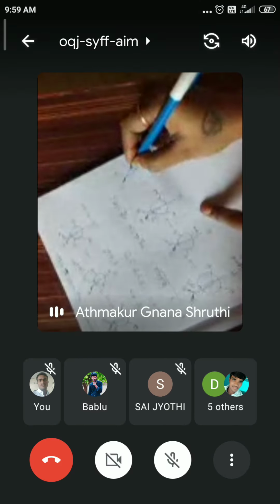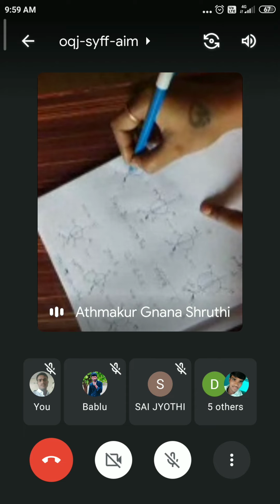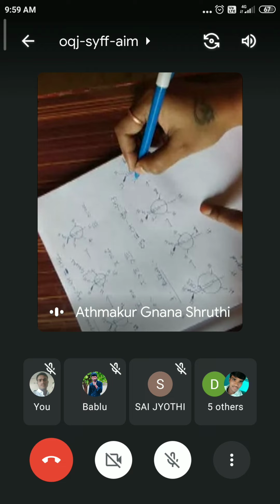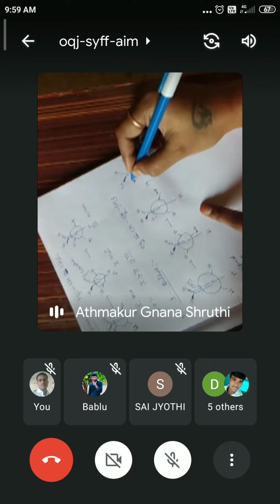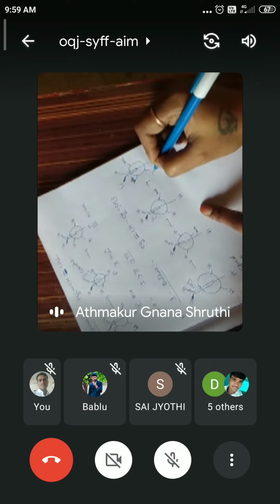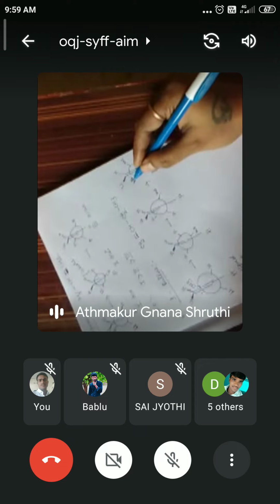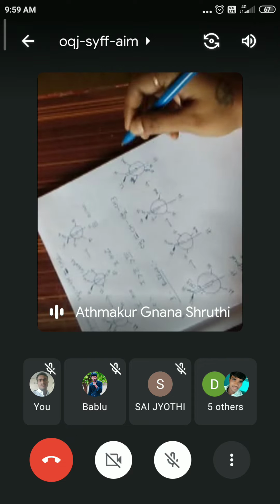Hydrogen and hydrogen. Here is the first carbon hydrogen. And then methyl group. Next hydrogen. And here is the hydrogen. So this is hydrogen and methyl group.